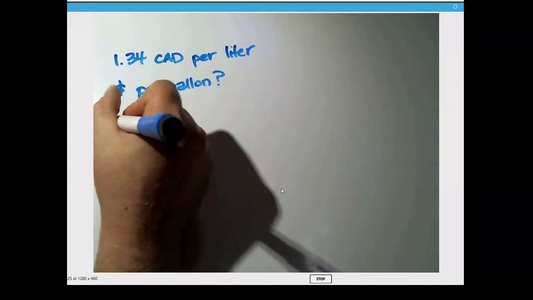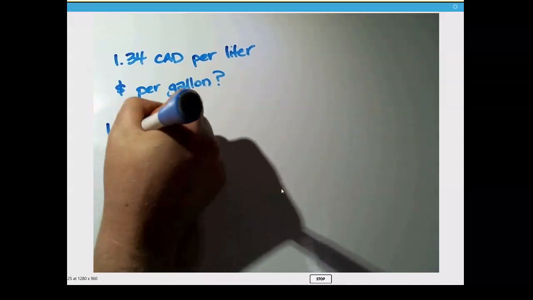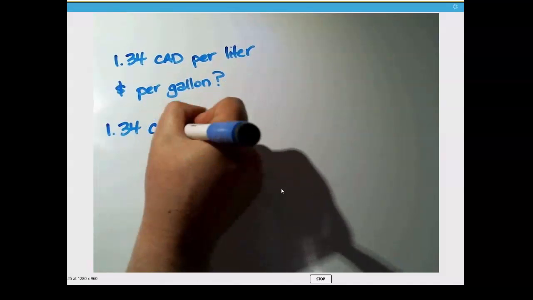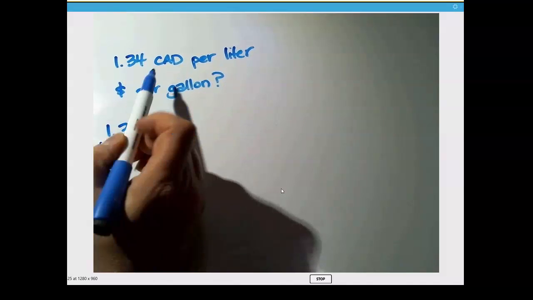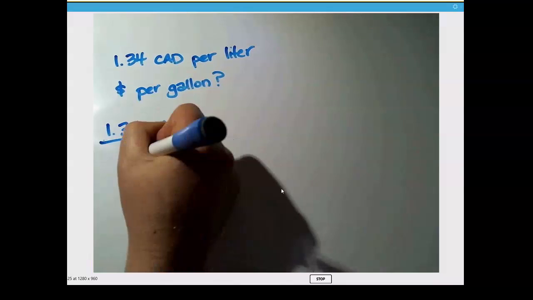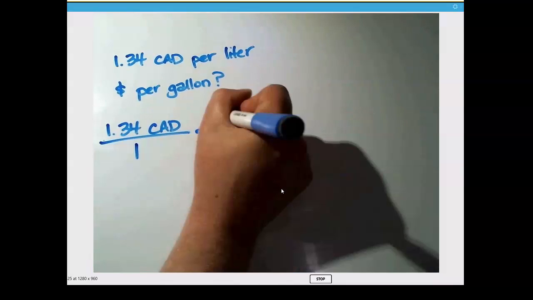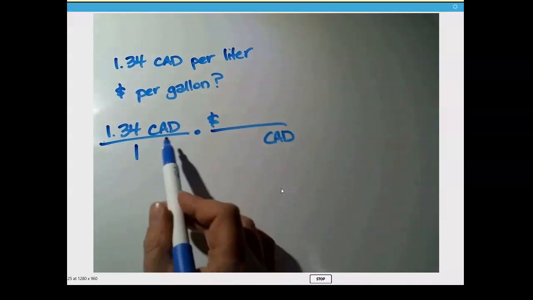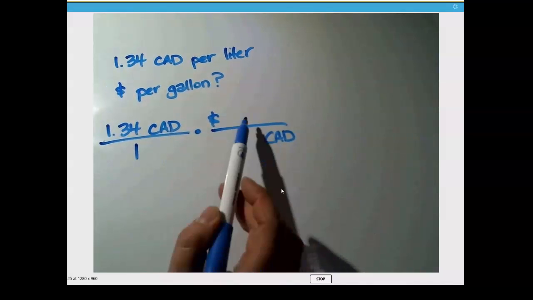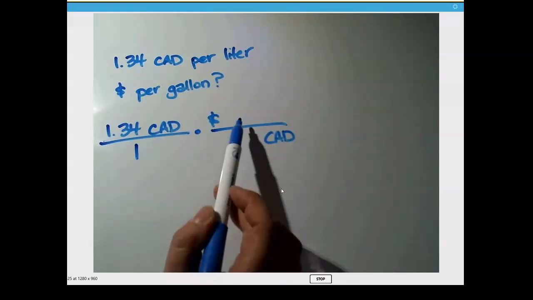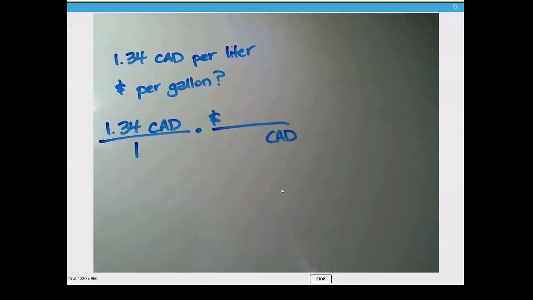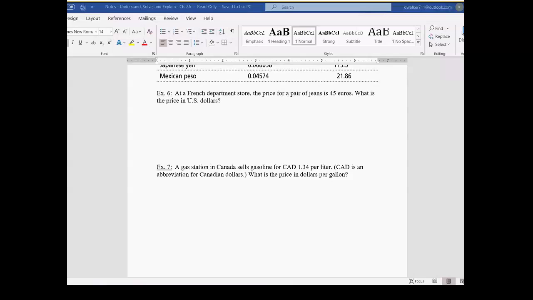Okay, so step one, let's change the money. So we're going to take the starting unit, put it over 1. Put Canadian dollars diagonal, so that cancels, and dollars are going to go on the top, and I need to look up the conversion real quick.